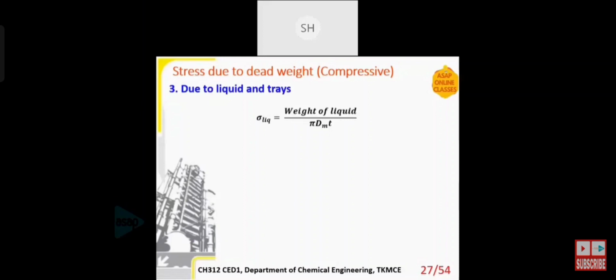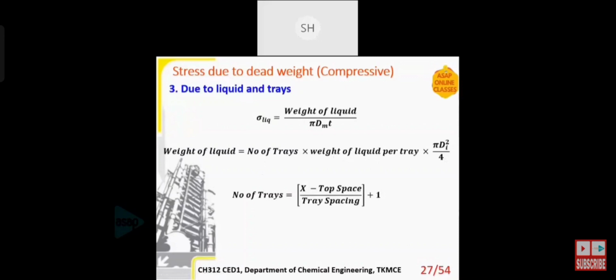So sigma of the liquid, the stress due to the liquid inside, is weight of the liquid divided by pi dm into T, and weight of the liquid is number of trays into weight of the liquid per tray into pi di square by 4, the cross-sectional area. Then number of trays, this is a specific case I'm discussing, is X, the height till which we are considering, minus the top space.